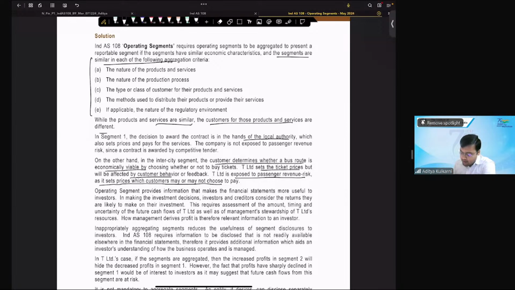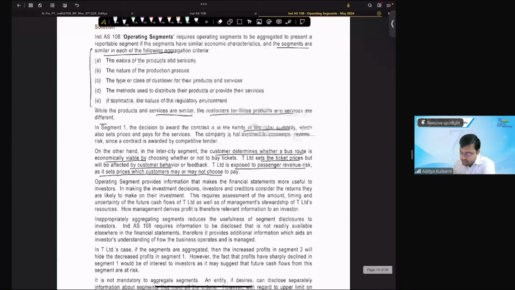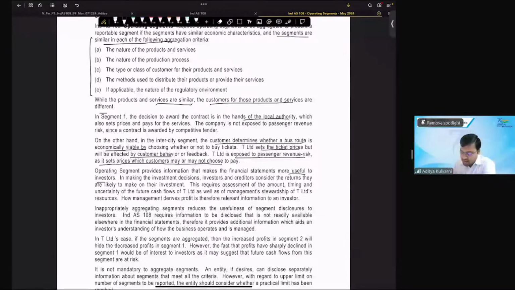Operating segment provides information that makes the financial statements more useful to investors. They consider the returns likely to make on their investments. This requires assessment of amount, timing, and uncertainty of the future cash flows of T Limited, as well as the stewardship of the resources. Inappropriately aggregating segments reduces the usefulness of segment disclosures.